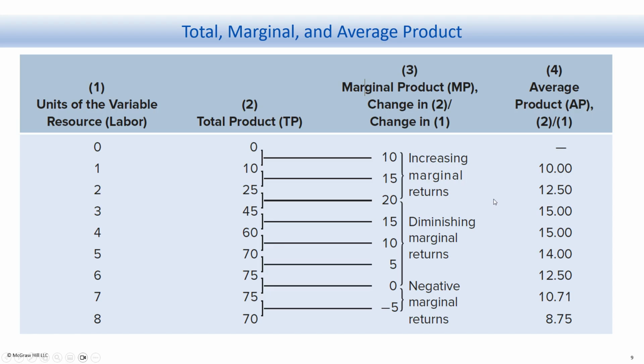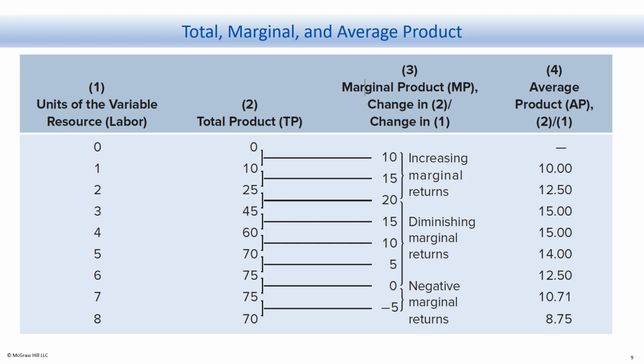Hope that makes sense. So you have this thing, average product, here on the right, that you notice the values here. It goes up and goes down. Average product is total product divided by labor. So 10 divided by 1 is 10. 25 ball bats for 2 workers is 12.5 ball bats per worker. 45 ball bats for 3 workers, come over here, you see 15, because 45 divided by 3 is 15.